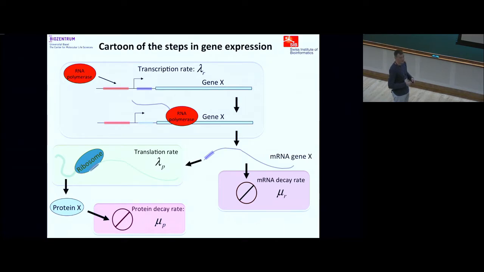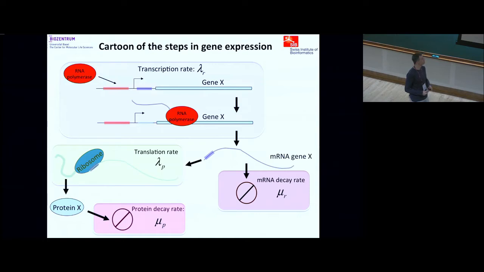And so in conditions where the concentration of this polymerase is roughly constant, there is roughly a constant rate at which a polymerase will come and start transcribing a gene and make a new mRNA. All right? But when there is a constant rate, of course, it doesn't mean it happens every 5 seconds exactly, right? But it's stochastic, how long you wait between consecutive events where the polymerase finds the start of this gene and transcribes.